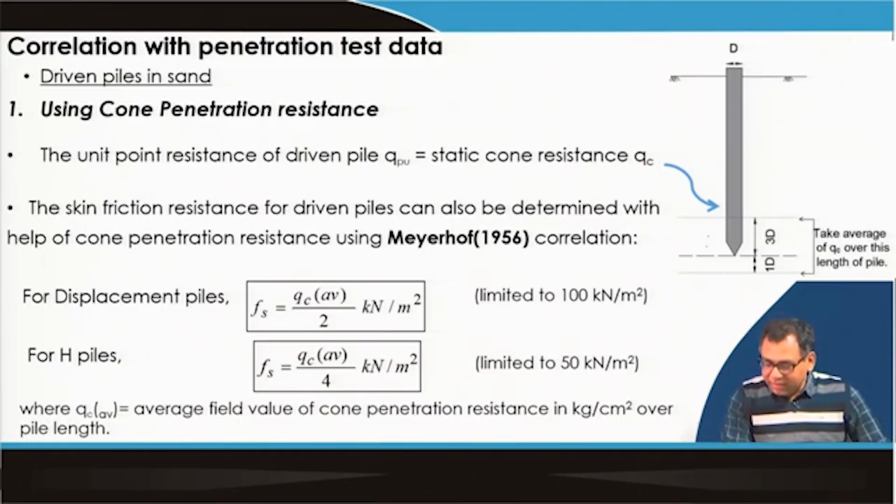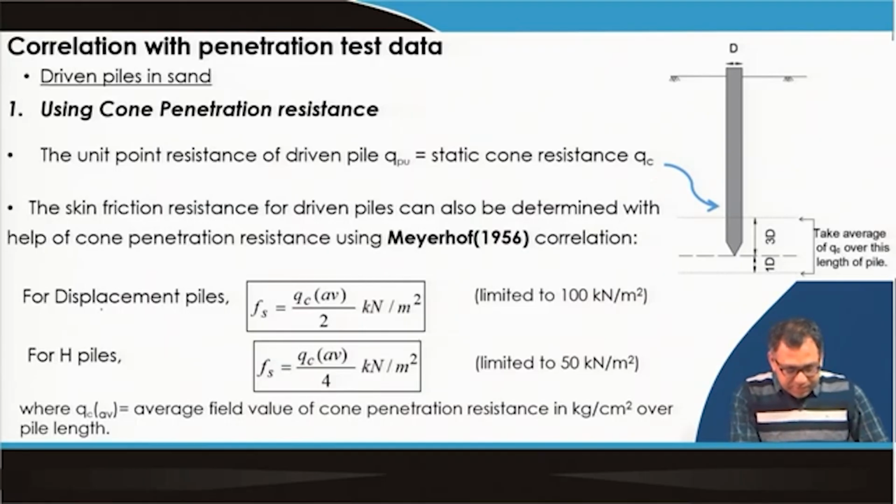Clear? So, this average of 4D will give the static cone resistance. That means we have to do the static cone penetration test. So, the average QC will give you the driven pile tip resistance.